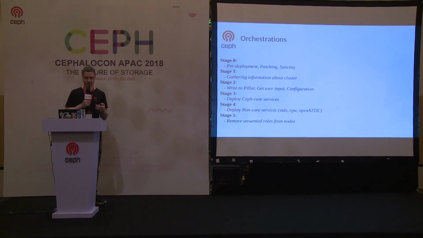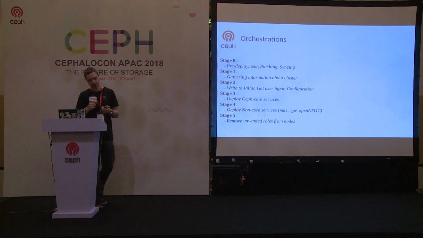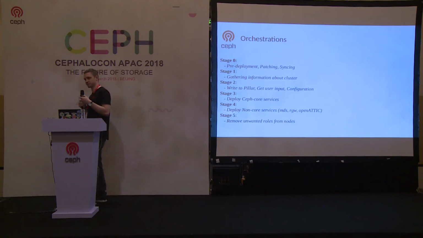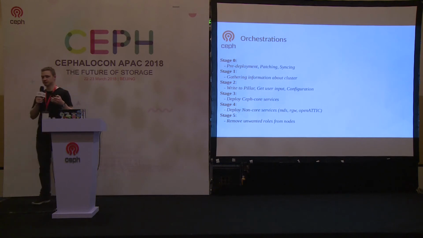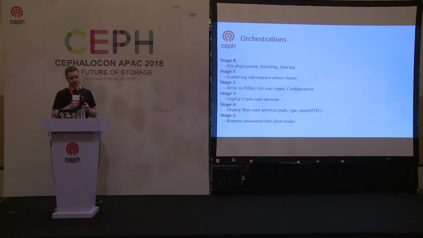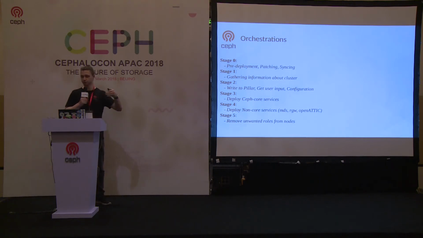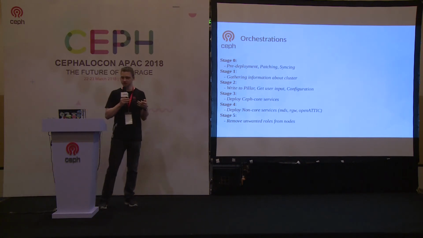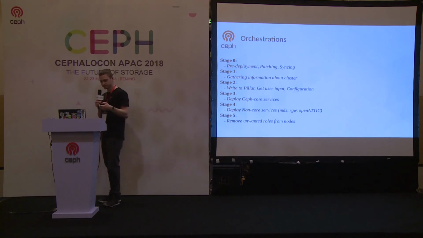It patches your cluster, it syncs the modules, it updates it. Stage 1 gathers information about your cluster, and then it writes the kind of directory structure that I mentioned before. The second one then writes the pillar data to the pillar, and this is where you also change your policy.cfg to your needs.